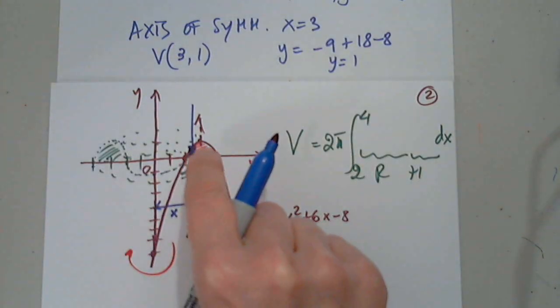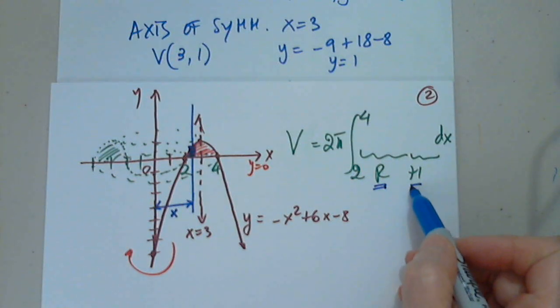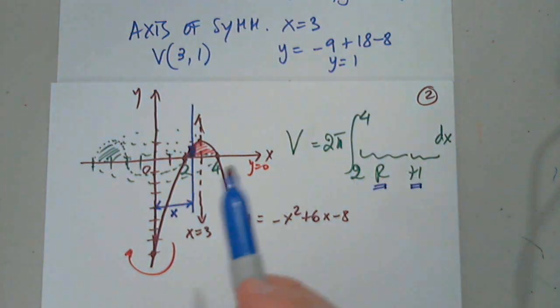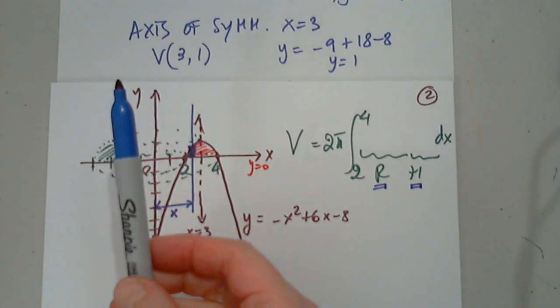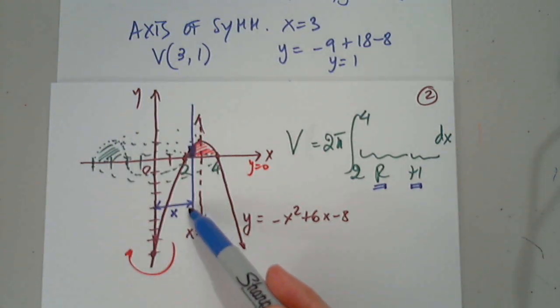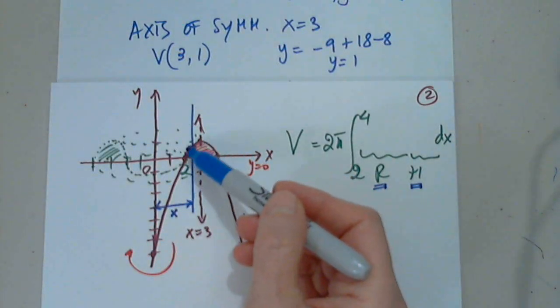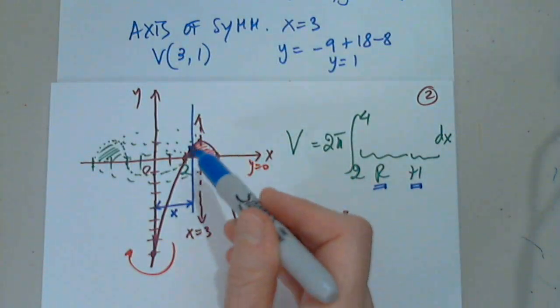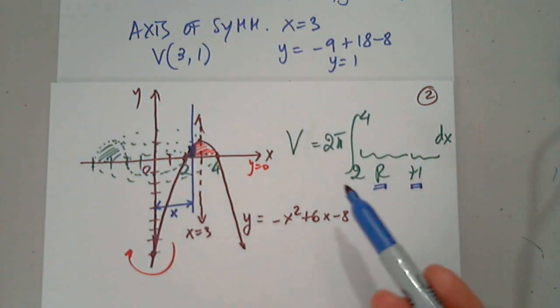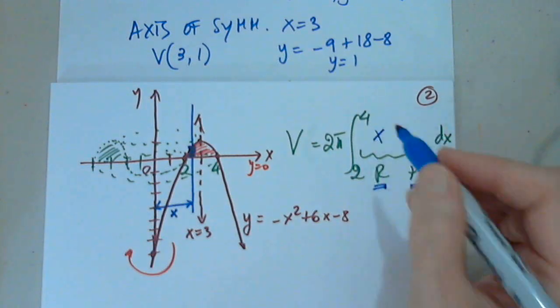For that piece, I need to determine the radius, and I need to determine the height of the piece based on where we are with respect to the axis that we are rotating. So this is the radius for the piece. And for any piece, it doesn't matter, between 2 and 4, where the area is, this is x. No problem. So all I have to write is just x.